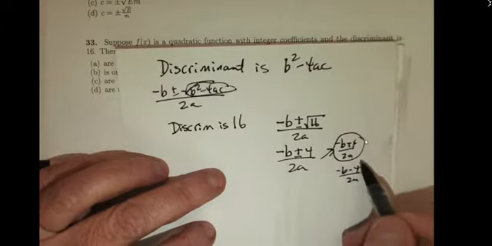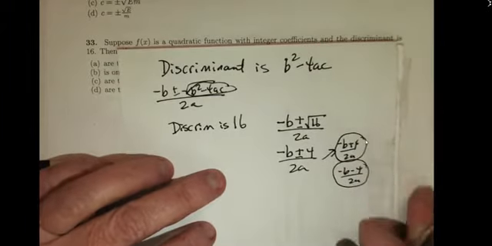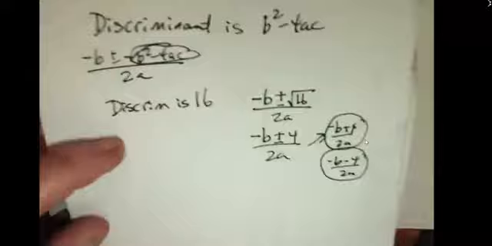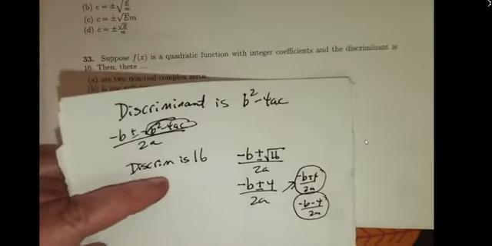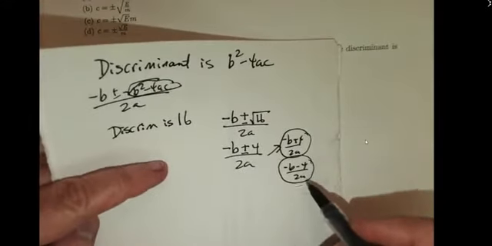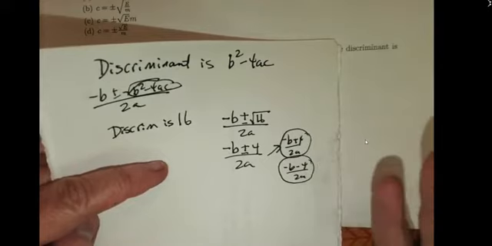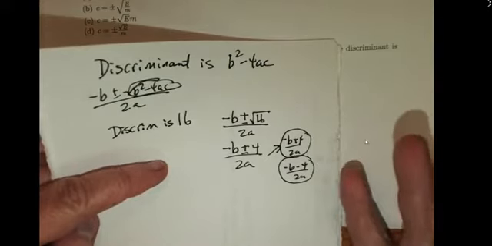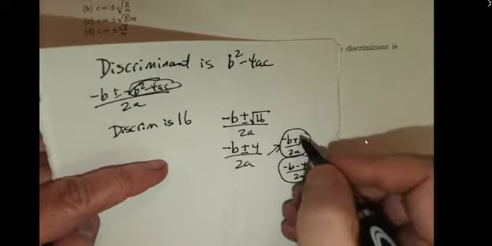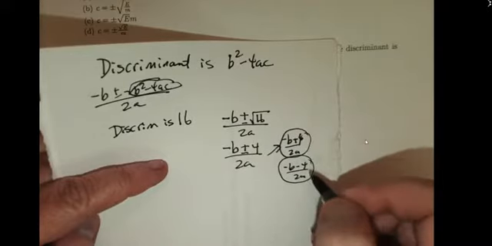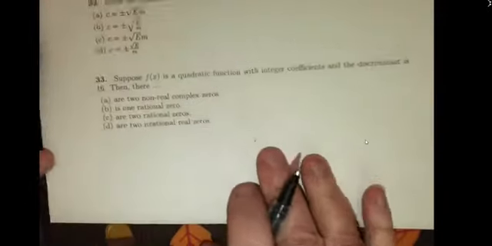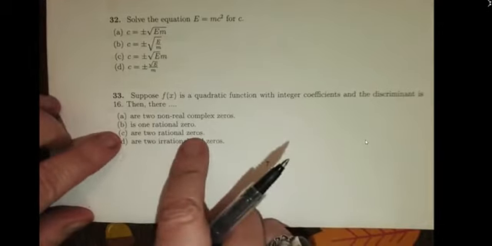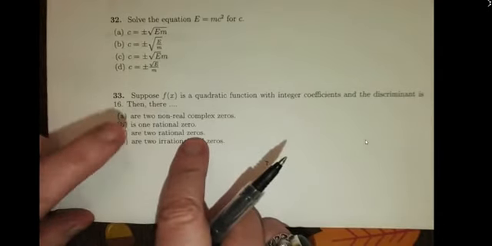So we're going to have two distinct rational zeros. Okay, two distinct rational answers. A rational number is one that can be written as a fraction, and we can see that these both can be written as fractions. So there will be two rational zeros. So the answer to that one is C.